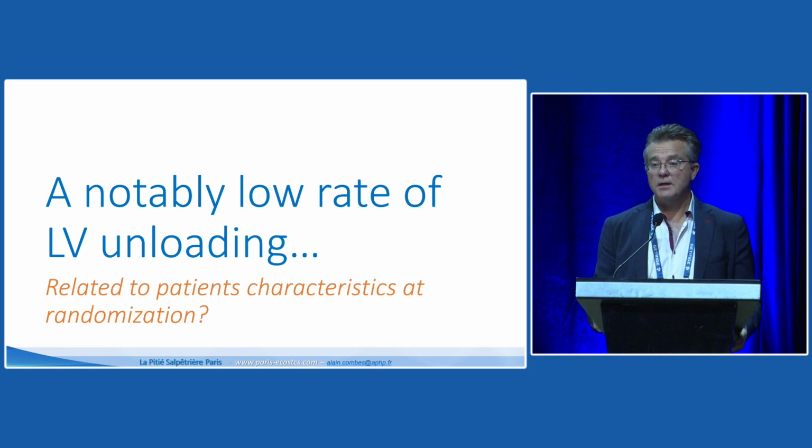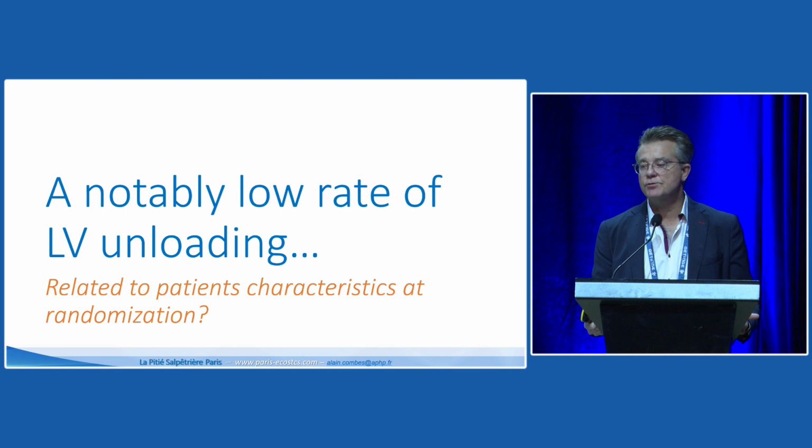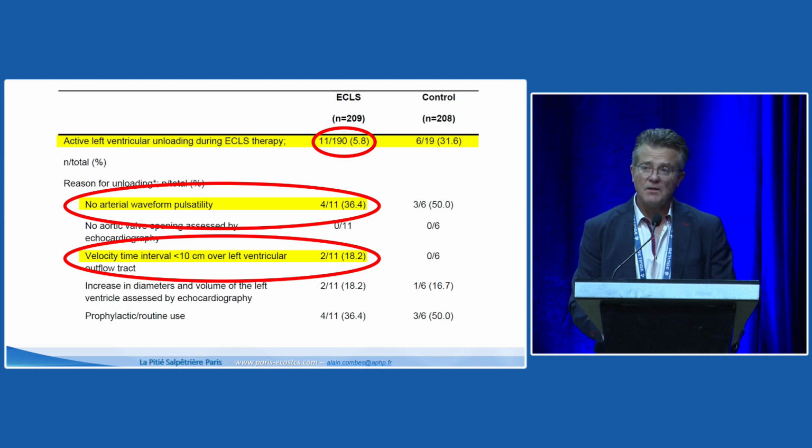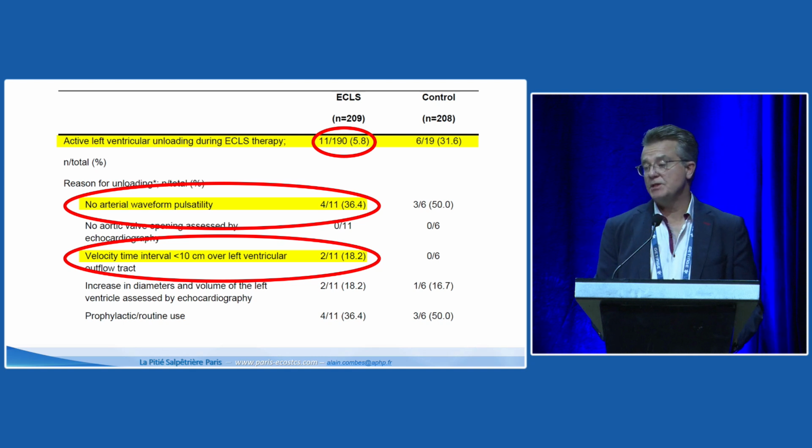Management was well protocolized in the protocol they wrote, but we ended up with less than 6% of LV unloading. The expected number would have been between 50 and 60, maybe 70%. Why is that? I don't know. And probably we're back to the same problem of the hemodynamic phenotype of the patients initially.